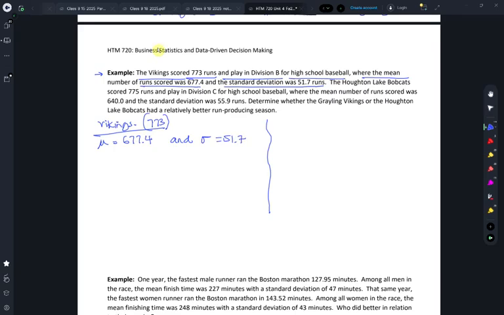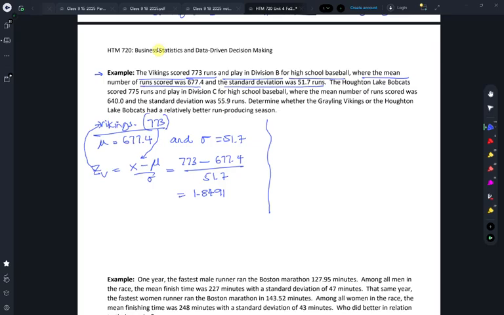So as it stands, the z-score for the Vikings will be the raw value minus the mean divided by the standard deviation. That will be 773 runs minus the overall average in that division, which is 677.4, divided by 51.7. That gives us 1.8491 for the z-score for the Vikings.